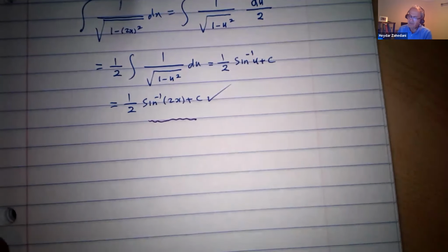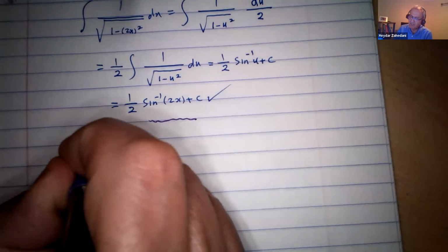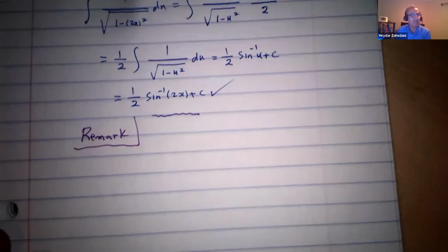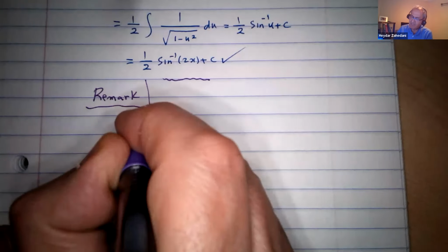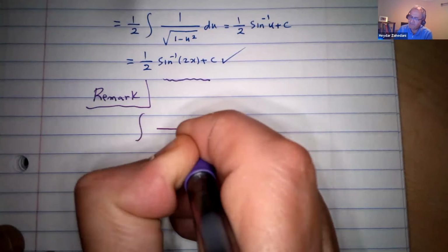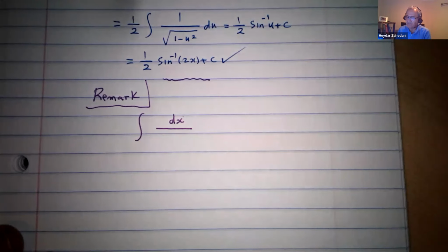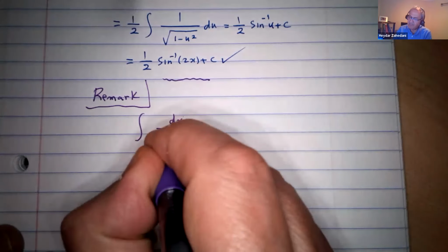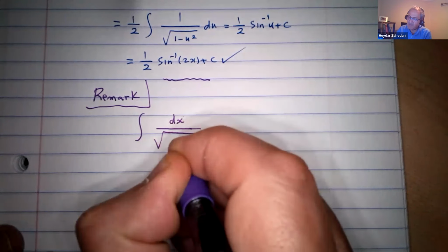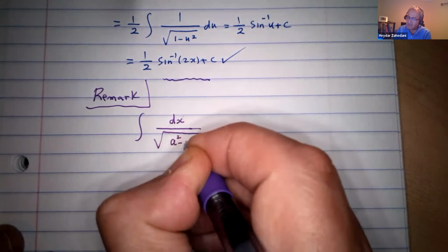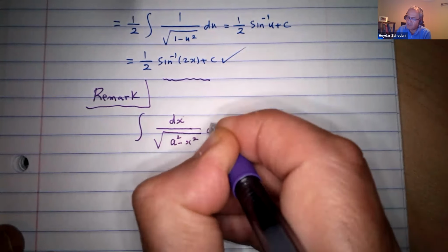So I'm going to give you a general formula. You better memorize this one for integrating the sine inverse. Okay, this is it. If you have something like the integral of dx, but instead of the 1, you may have, let's say, a squared minus x squared.